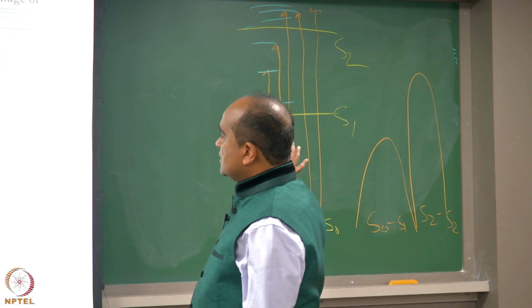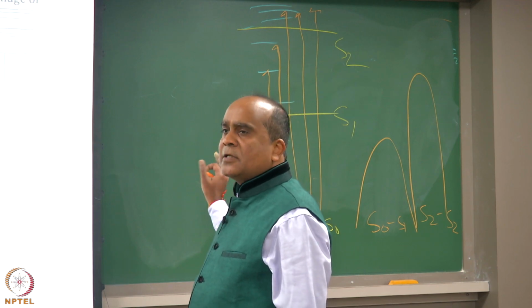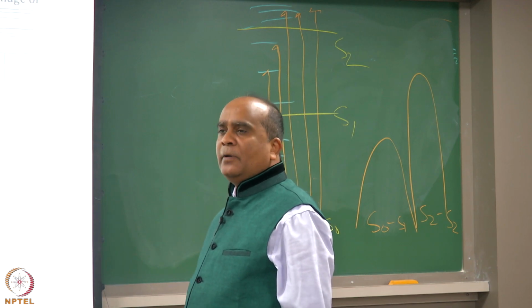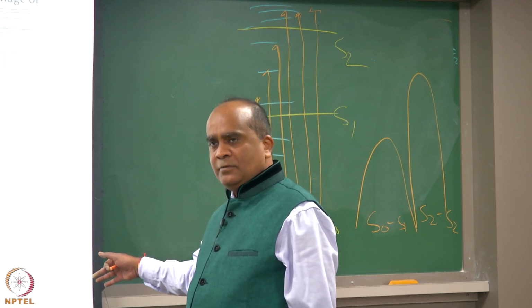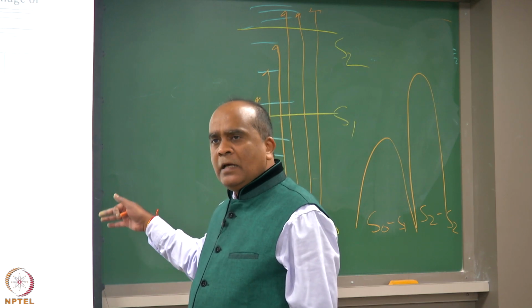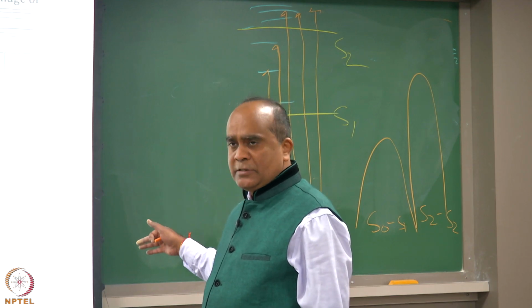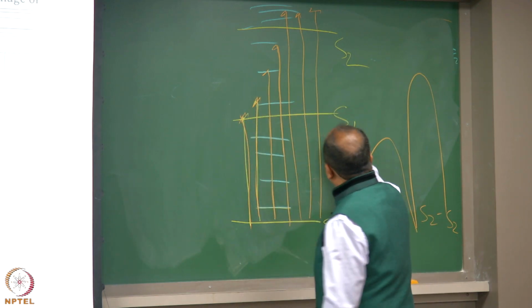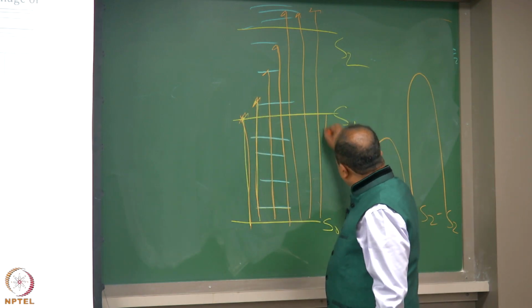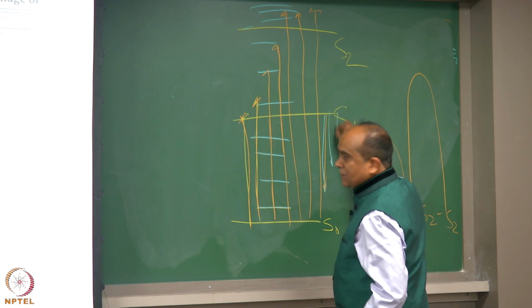This is correct or not? Correct. When it is coming back, from where does it come? S1 to S0. When it comes from S1 to S0, it may land here or somewhere in a different vibrational state, right?